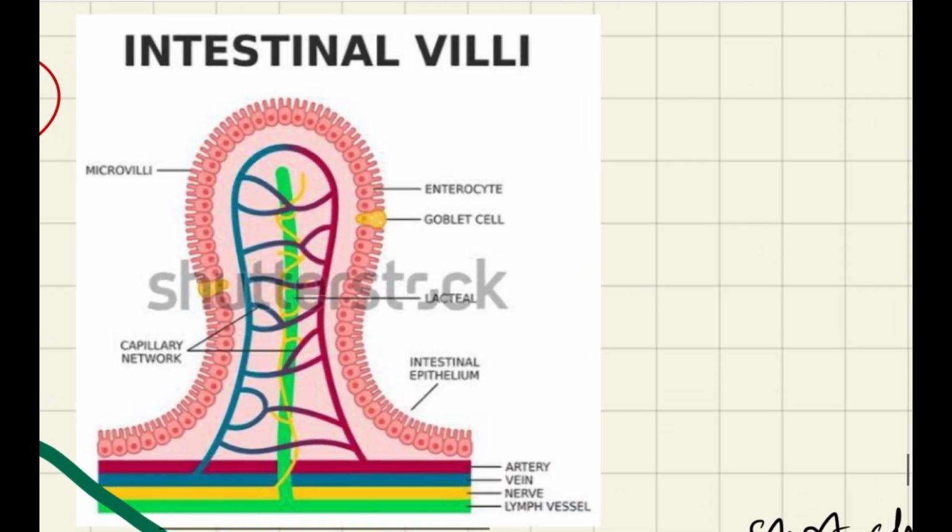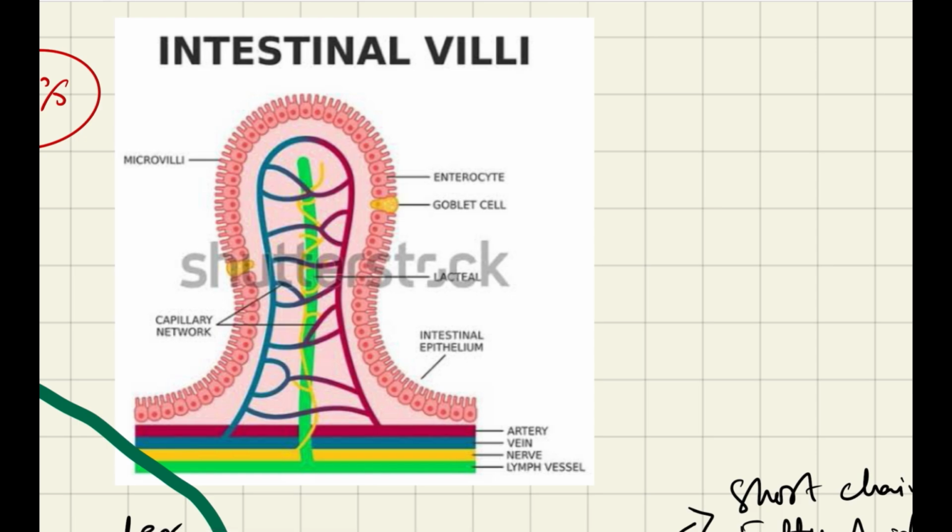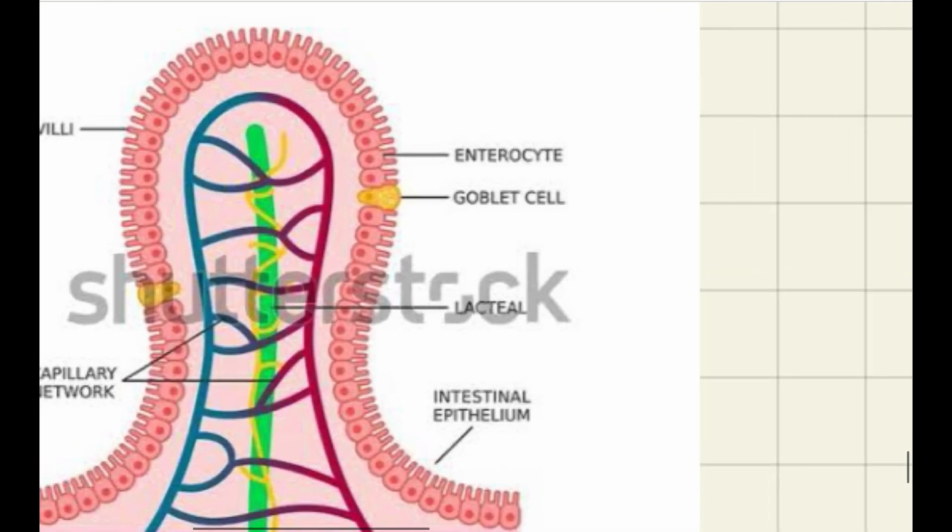This is the villi, this is the structure of villi. These are small, 1 to 2 millimeter structures, which are rod like structures, and these are made up of the enterocyte cells. These have finger like projections, and these finger like projections are microvilli. We will discuss that.